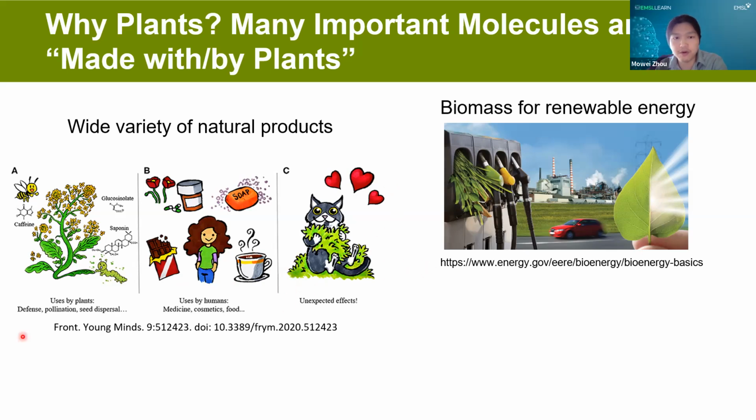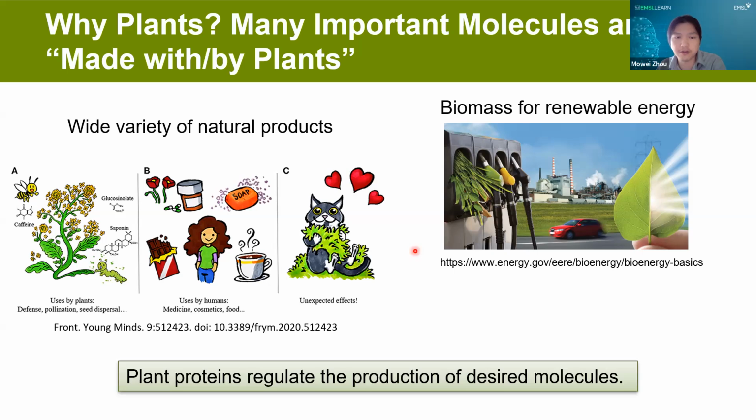In addition to those, there is also a growing interest in renewable energy because of the climate change challenges. There are a lot of efforts under the Department of Energy to develop new ways to better utilize biomass for renewable energy. Basically, you can think about converting plant materials into fuels that are better for the environment.